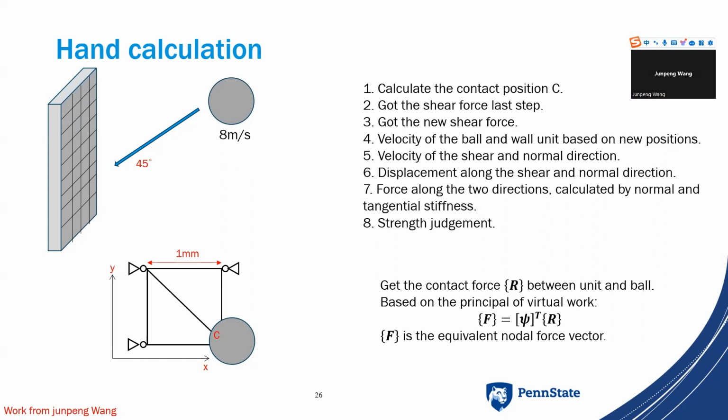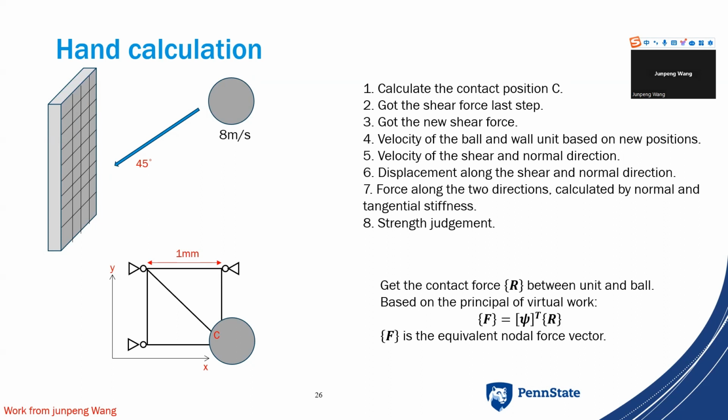Based on the equation above introduced by Bruce, we can first regard this question as a ball and ball interaction. It means we can extract a unit of the wall, regard this unit as a ball, and make a very normal process to calculate the normal force and the shear force between the ball and the wall unit at the contact point.